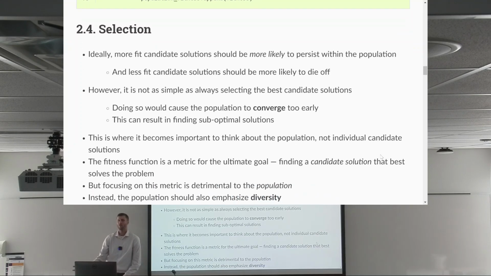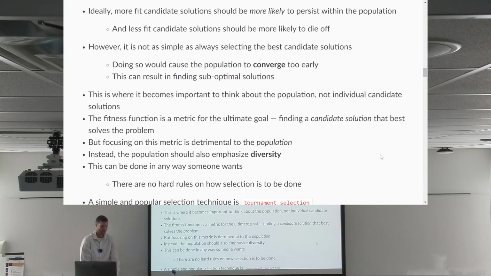When I say converge, think of every member of the population being effectively the same. They could be slightly different, but effectively the same. It's converged, and we've lost the diversity in the population. That's bad. If we converge too quickly, it almost always results in suboptimal answers.